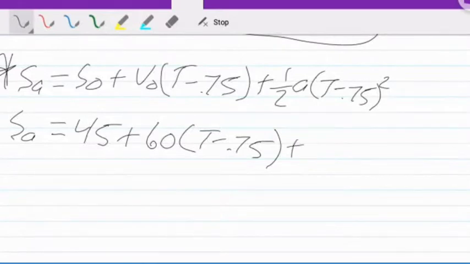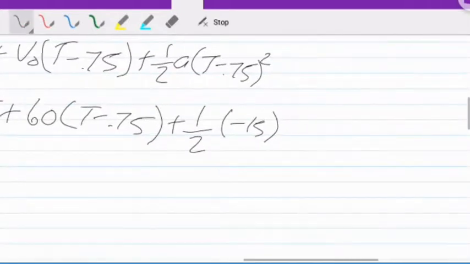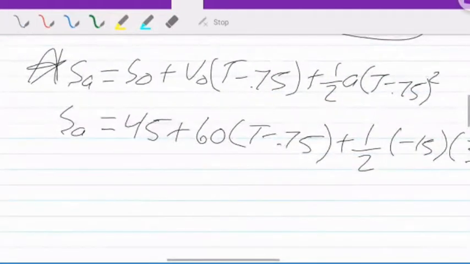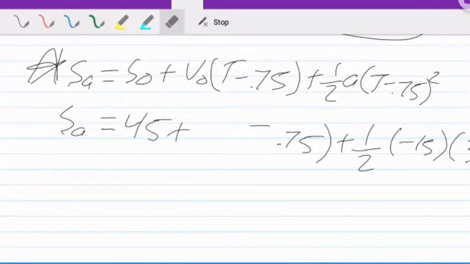So we have plus 1/2 times negative 15 times 3.75 minus 0.75 squared. Let me go ahead and write that in here for this t.